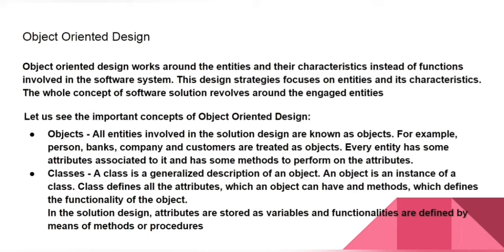For example, if I want to create a system for a bank management system, I create bank as a class, and with the help of bank, I can create employee and customer as objects.